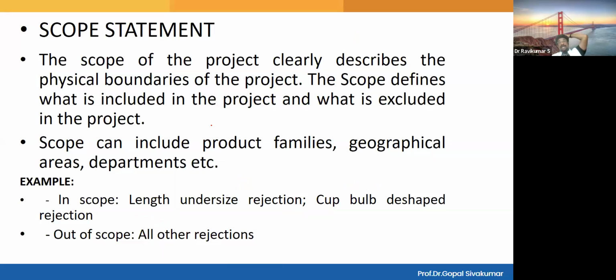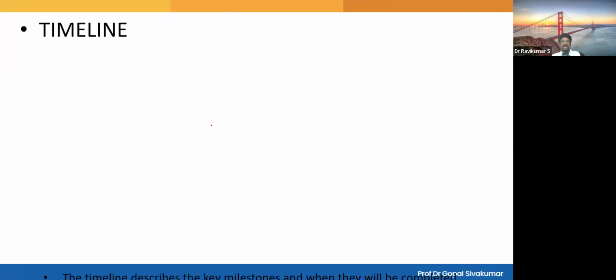The scope must clearly explain what is your physical layout and boundary, what is included and what is excluded. Okay, that must be clearly mentioned. Otherwise, it will cause unnecessary difficulties and complexities in the project while you are progressing. So you have to be very clear with the scope of your project.